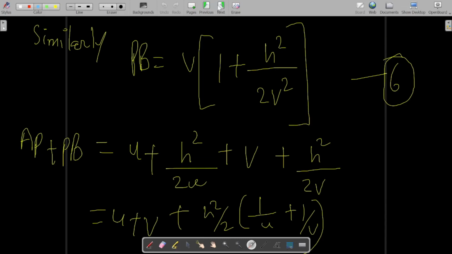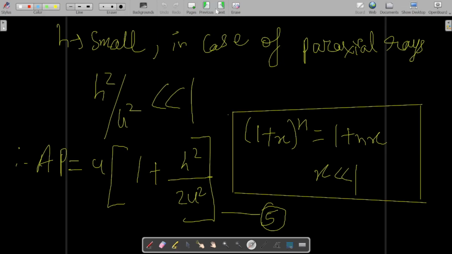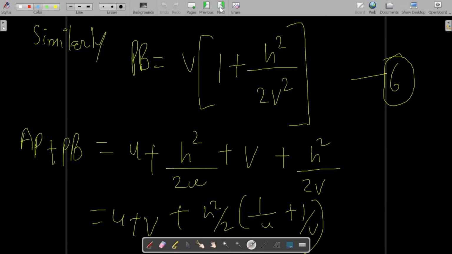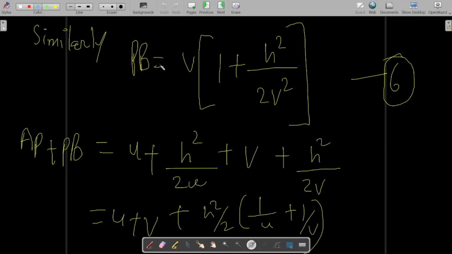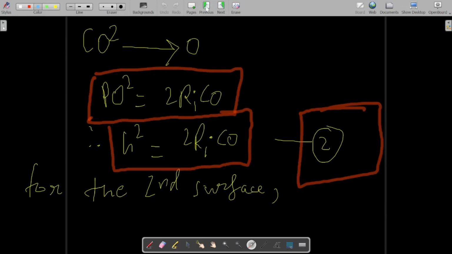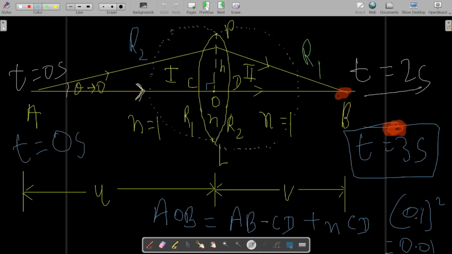Similarly, you can find PB also. You found AP, so you can find the same thing for PB. Let's have a look at the figure. This is your AP, so correspondingly on this side PB will be there.